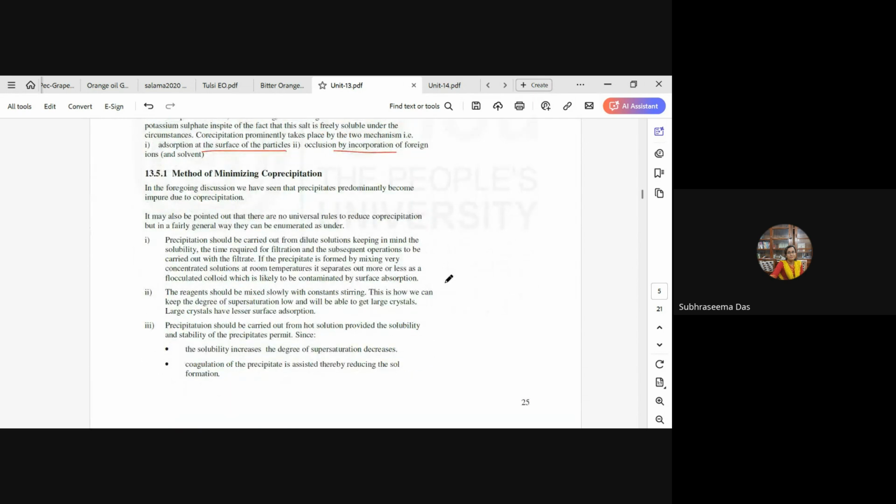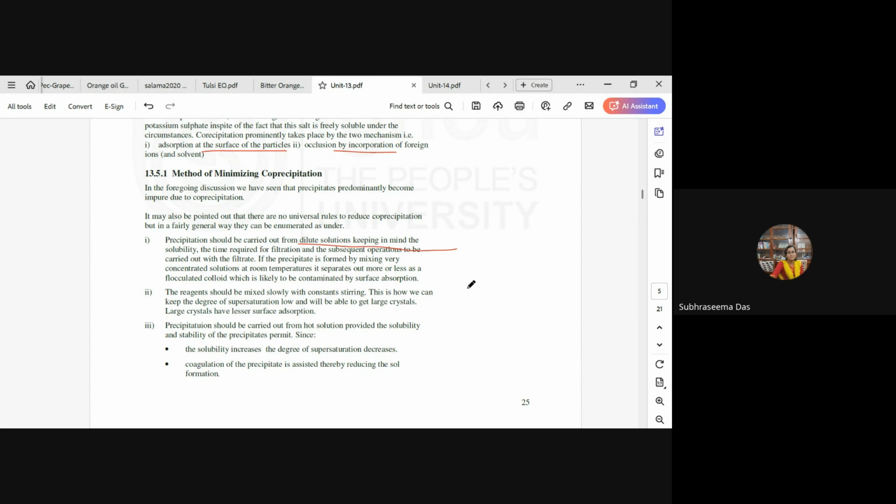Then what are the methods to minimize co-precipitation? Some of the methods are listed below. There are no general rules, but some common approaches are: the precipitation should be carried out from dilute solutions, keeping in mind the solubility, the time required for filtration, and the subsequent operations to be carried out with the filtrate.